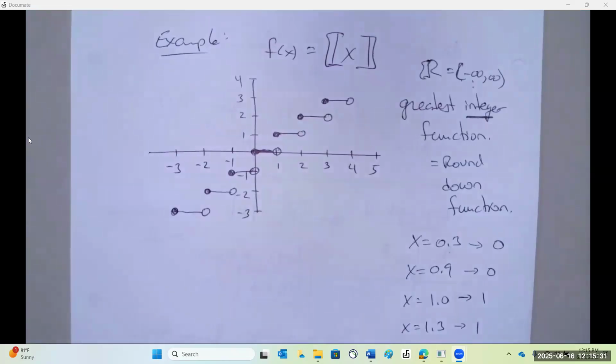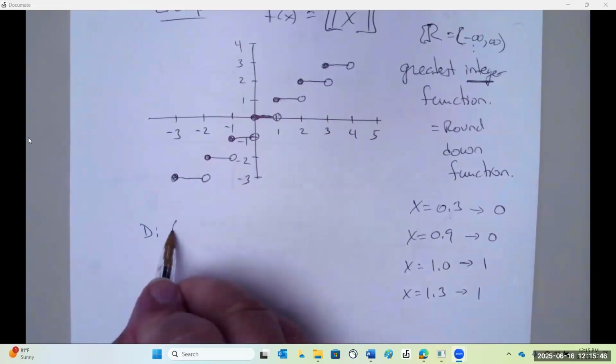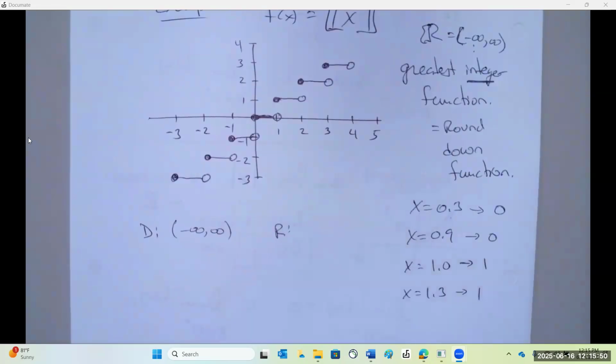But that's the algebra approach. How do we prove using calculus that it is not continuous? What's the domain? Yeah, negative infinity to positive infinity. What's the range?